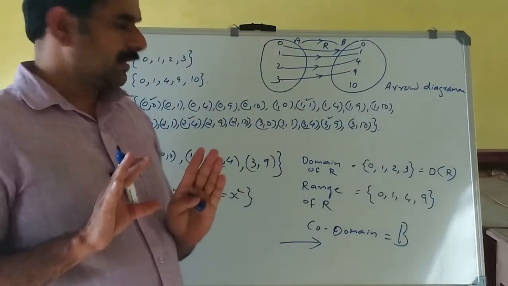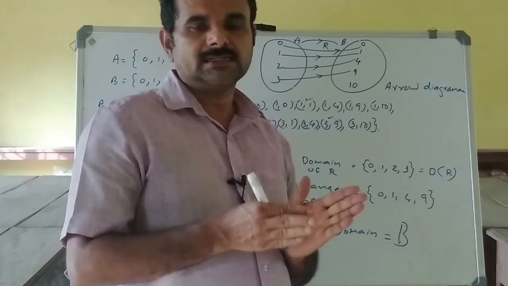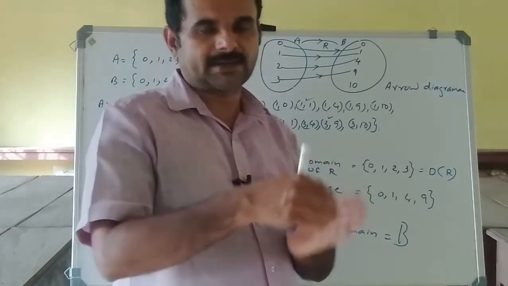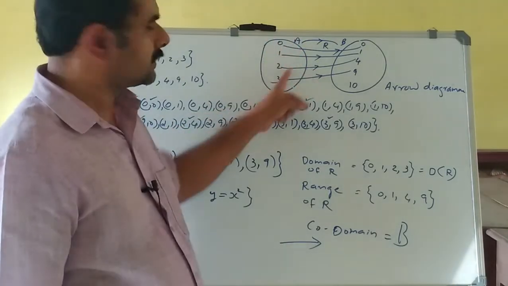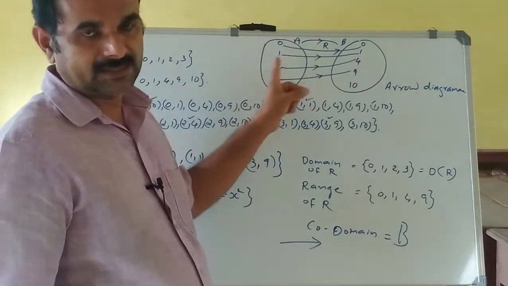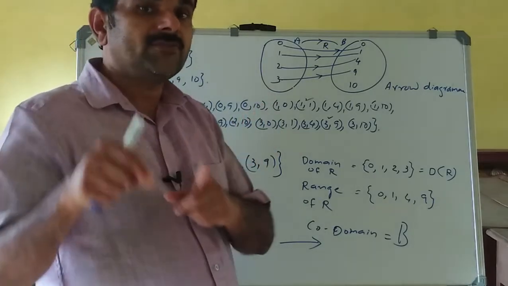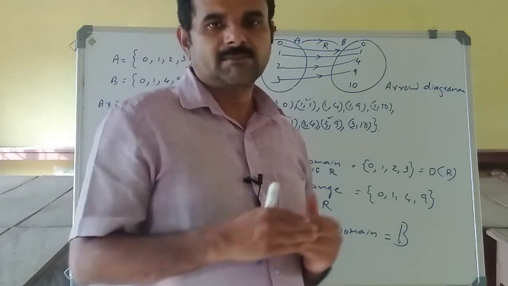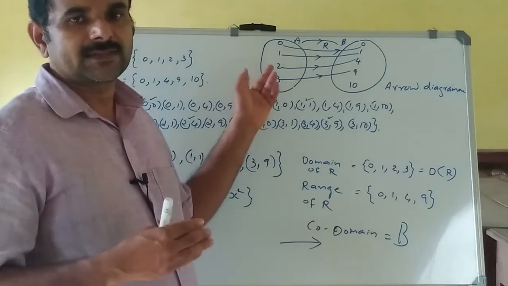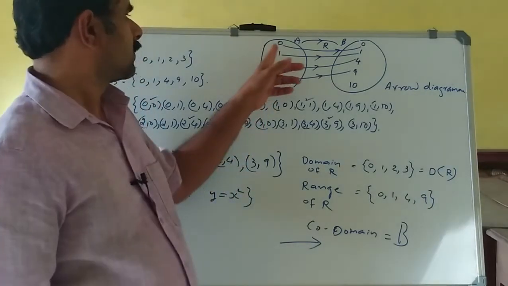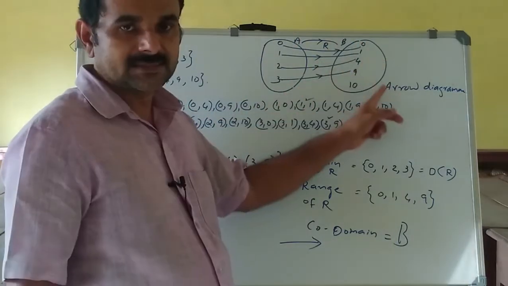So there are three common words here: domain, range, and codomain. The domain is a set of all elements from which the arrow mark starts. Here, in this question, this is the first set. But note that the domain set need not be the first set. Sometimes it may be, but it is not compulsory. So 0, 1, 2, 3 is the first set, and 0, 1, 4, 9, 10 is the second set.